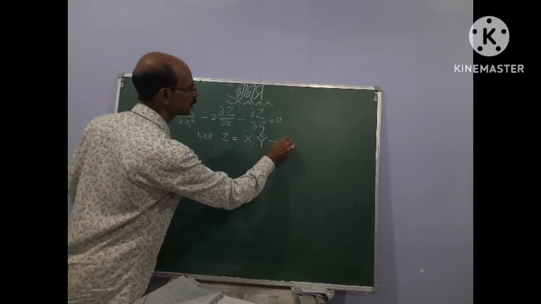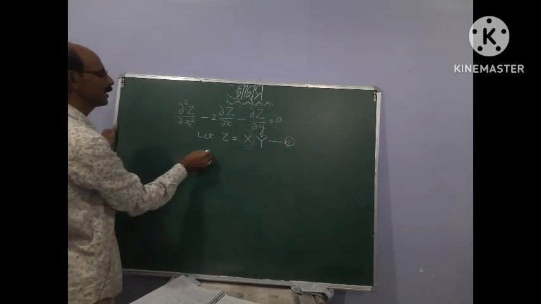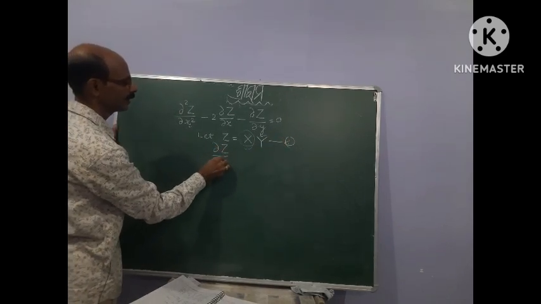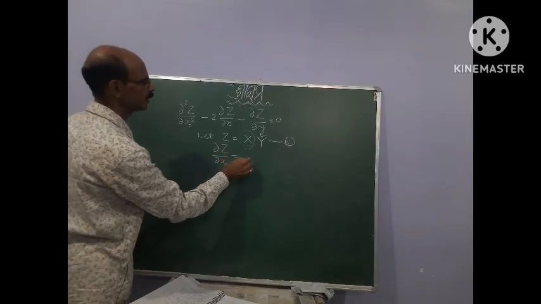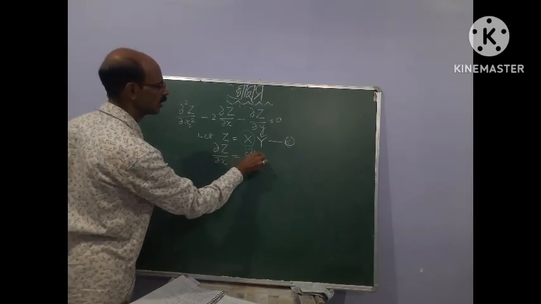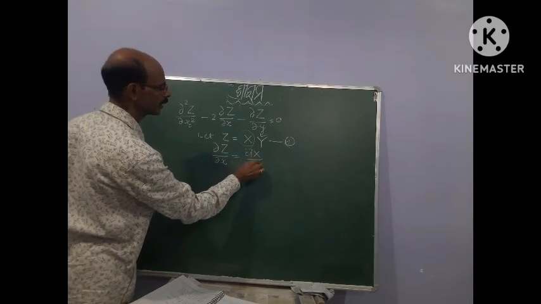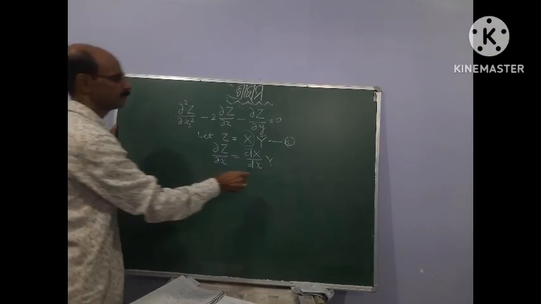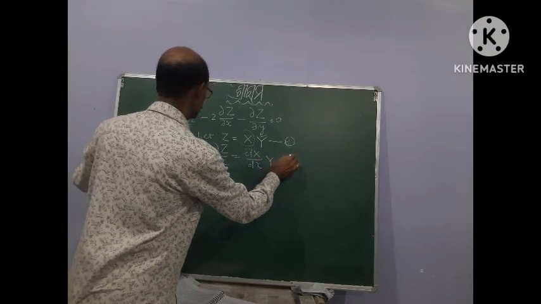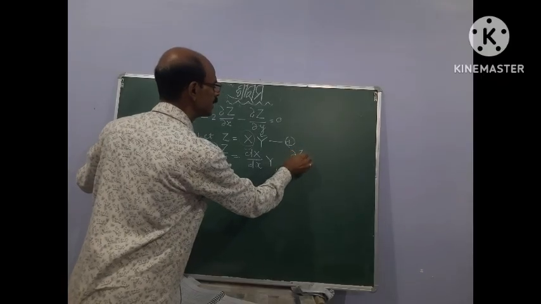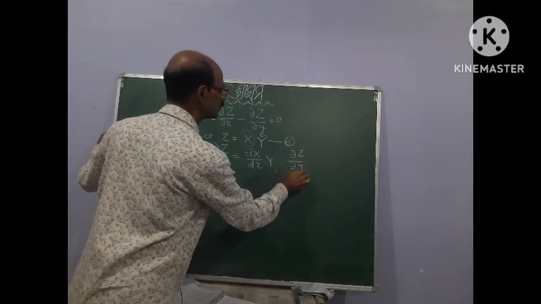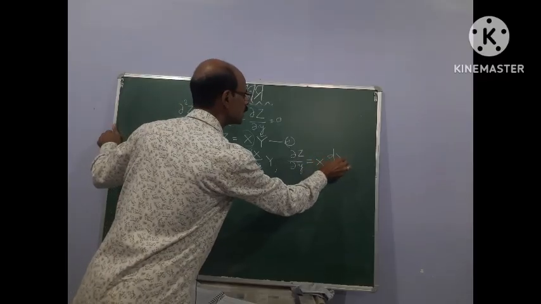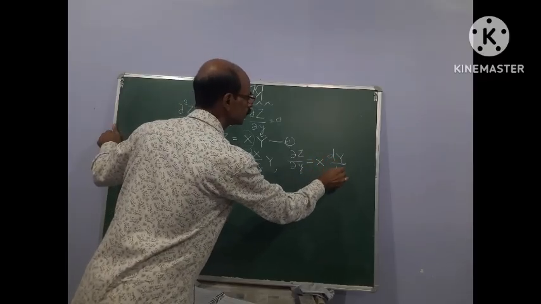Suppose this is equation 1, then find del z by del x. It will give you dX/dx times capital Y, and del z by del y is equal to X into dY/dy.